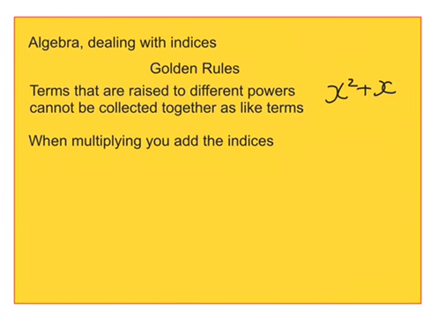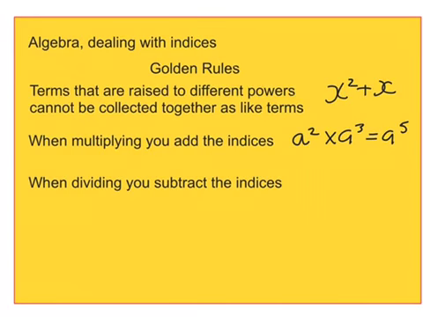When you're multiplying, you add the indices. So a squared multiplied by a cubed becomes a to the power 5. When you're dividing, you subtract the indices. So a to the power 5 divided by a to the power 3 is a squared.